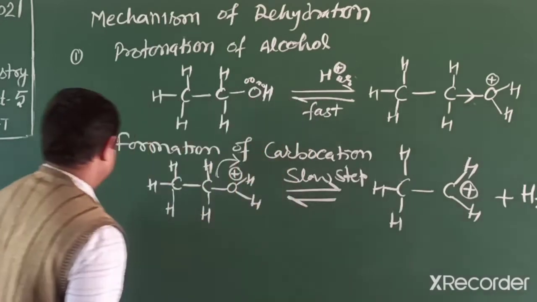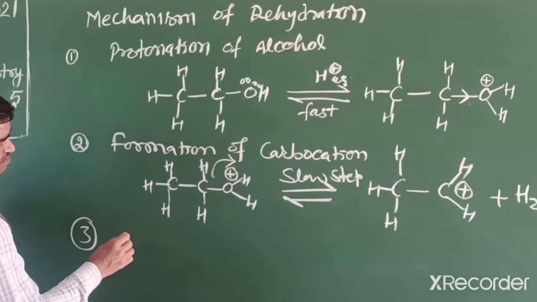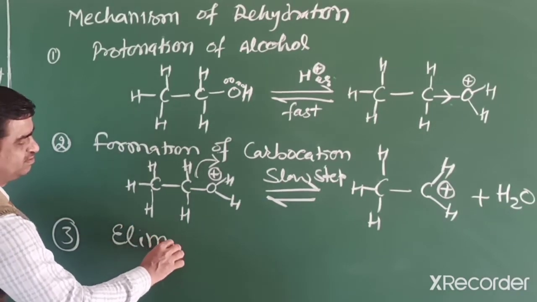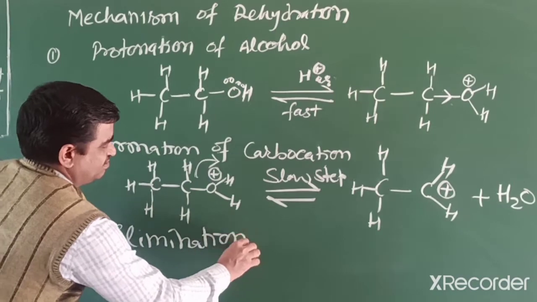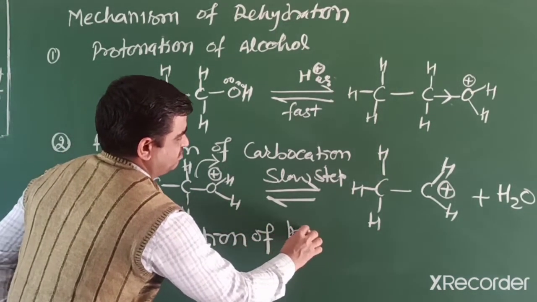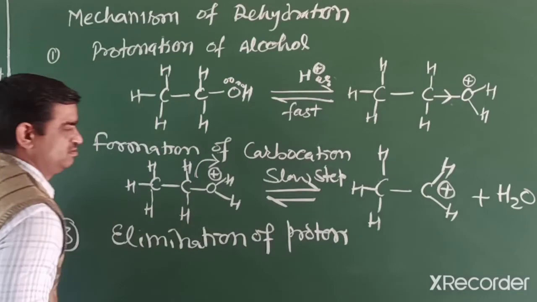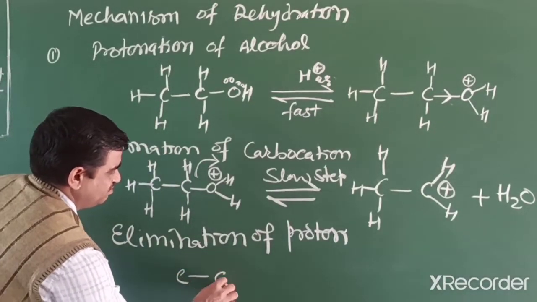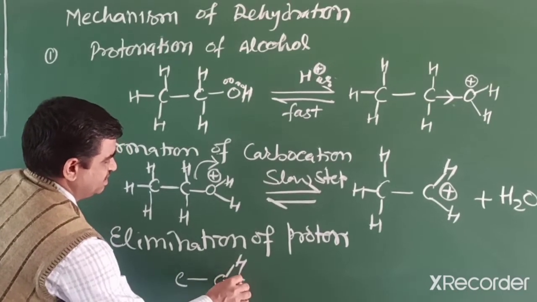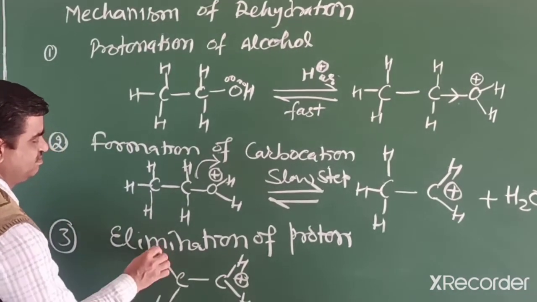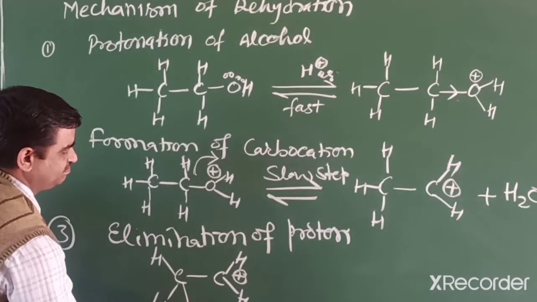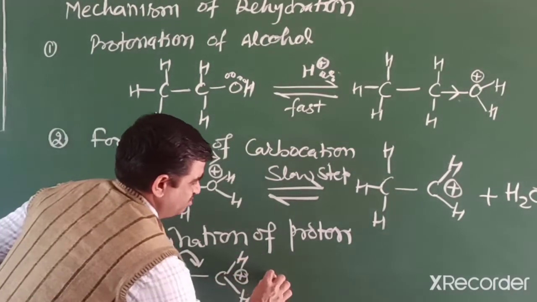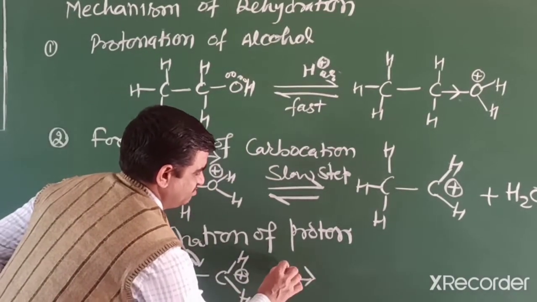In the third step, elimination of proton, removal of proton, the hydrogen on the carbon next to the ethyl cation is removed as a proton, and that is a slightly fast step.